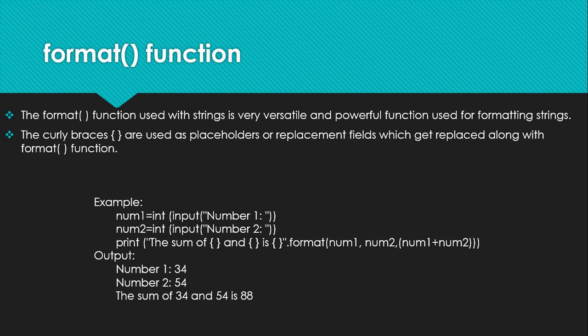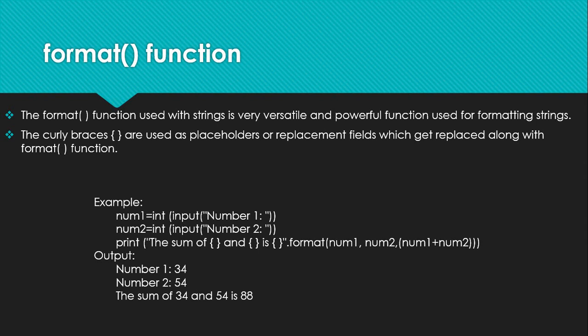If you look at that example there, you're going to input two integer numbers, and store them as num1 and num2. When you want to print the sum of these two numbers, you're going to print the output as: the sum of num1 and num2 is the total sum. To get it in that format, you use these curly braces as placeholders for the data that is being keyed in.